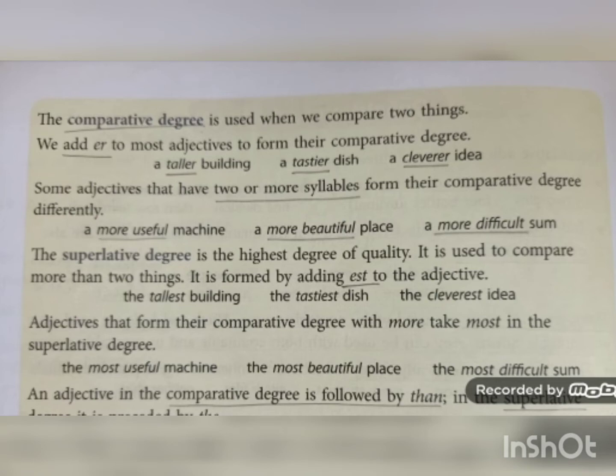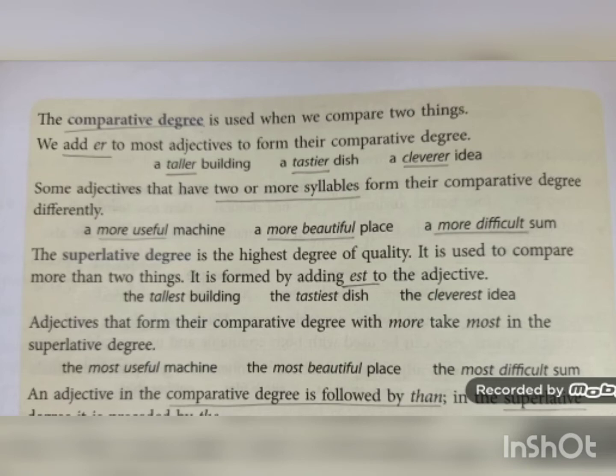How do they form it? We have to add more before the adjective. Suppose useful. Useful has two syllables. So, if the adjective has two or more syllables, then we have to change the form differently, that is, by adding more before the adjective.